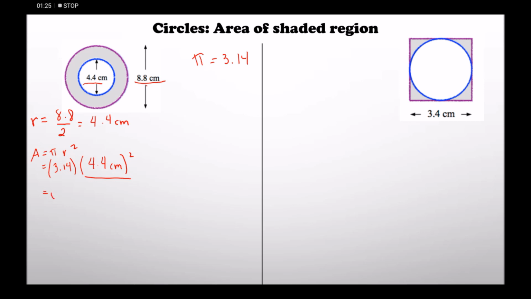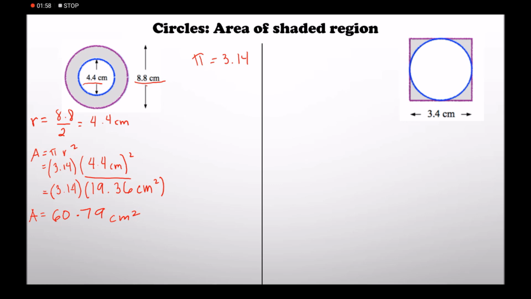Then just copy 3.14 and then 4.4 square, or centimeter square, that will be equivalent to 19.36 cm square. Next is to multiply them, and the area will become 60.79 cm square in 2 decimal places.